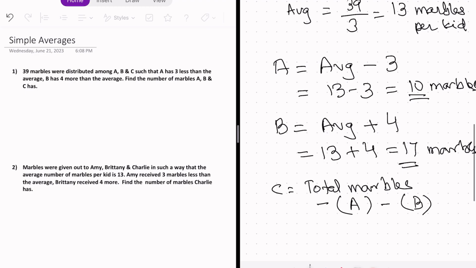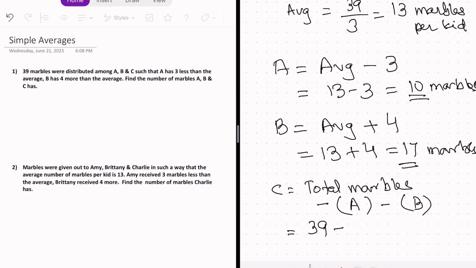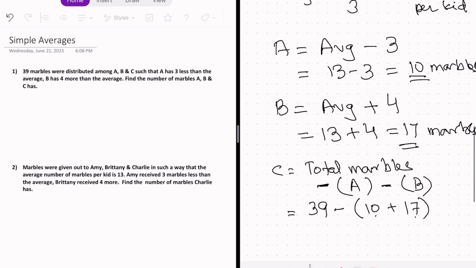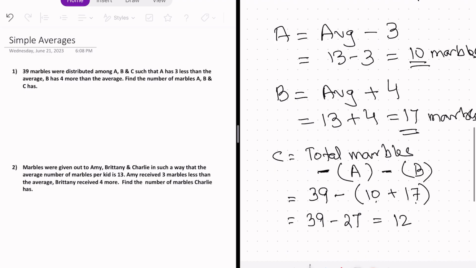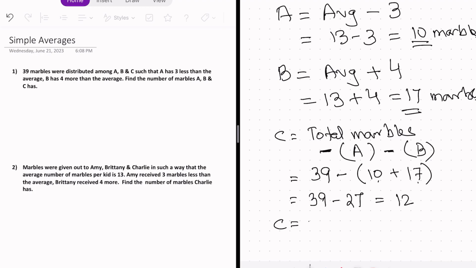Or C will have total number of marbles we know is 39 minus A has 10 and B has 17. Right? I'm simplifying this by taking minus 1 as common between minus A and minus B, and I'm adding A plus B here, which is equal to 39 minus 27 is equal to 12. So C will have 12 marbles.